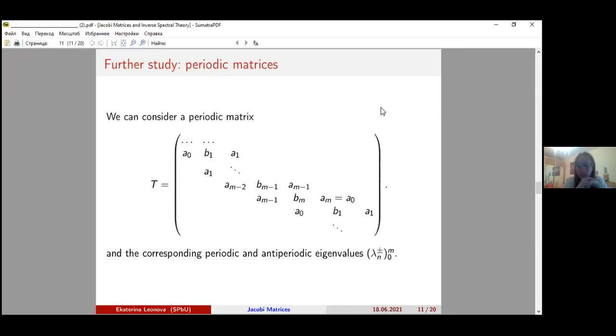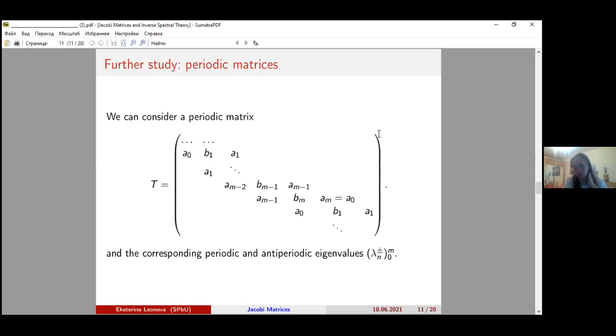We will consider periodic and antiperiodic eigenvalues. So we want to find eigenvectors that will be first periodic, with the same size. We have this matrix, it's periodic because we have A_M equals A_0. And we want to have eigenvectors that are also periodic.